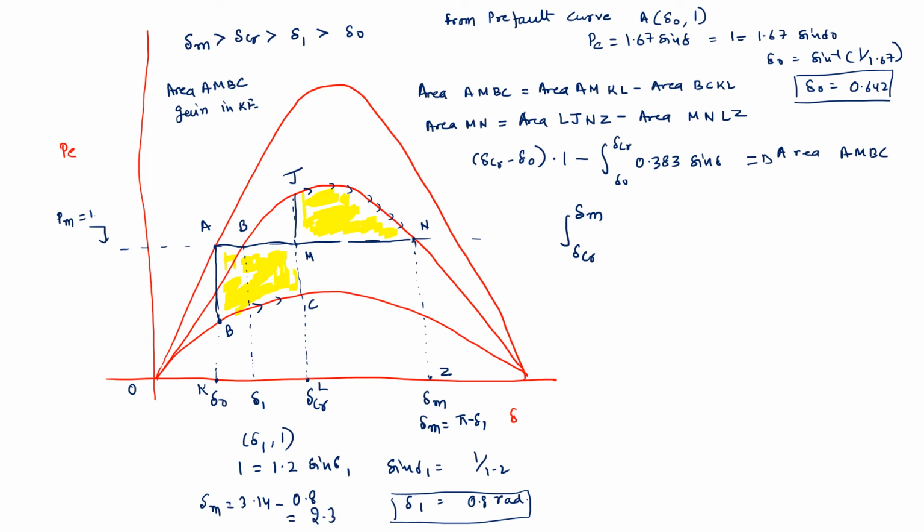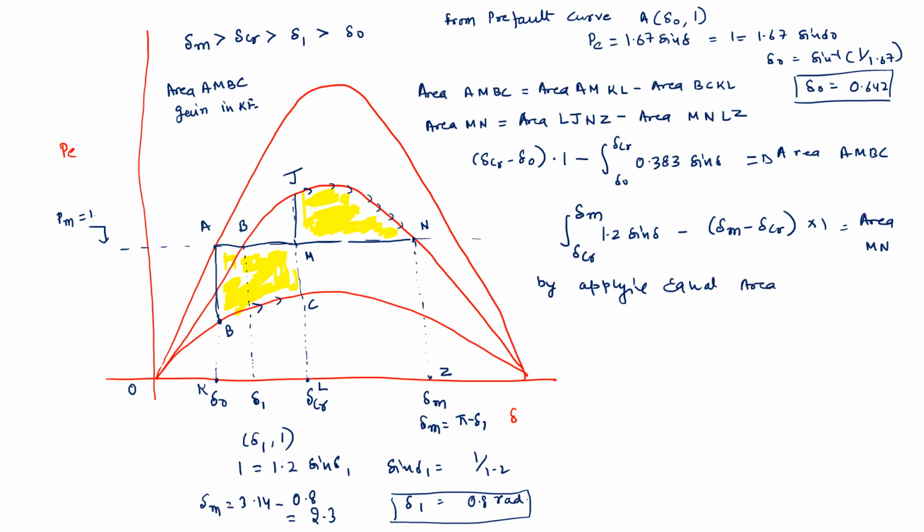So I evaluate 1.2 sin delta from delta CR to delta M, which is equal to delta M minus delta CR into 1, and this corresponds to area MN. By applying equal area criteria, these two areas will be equal.